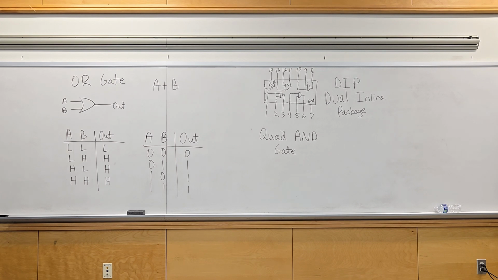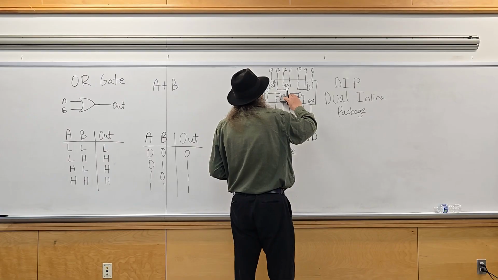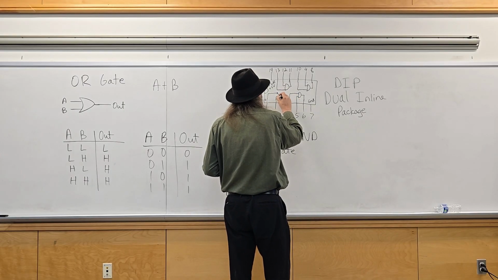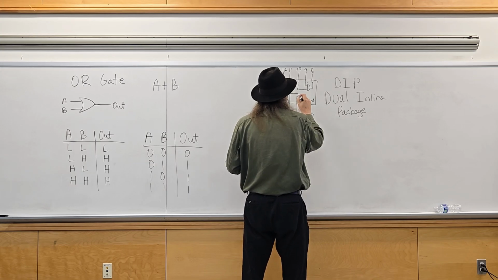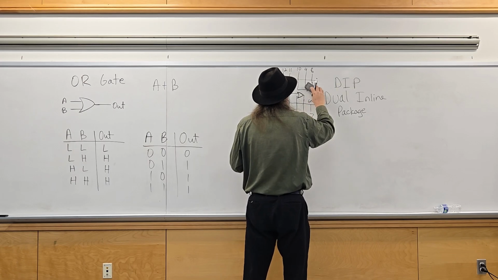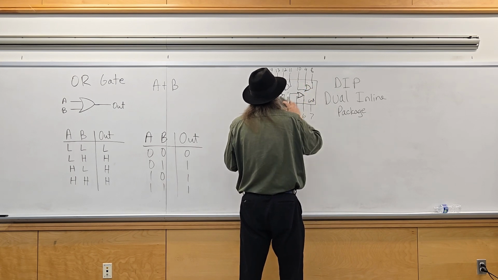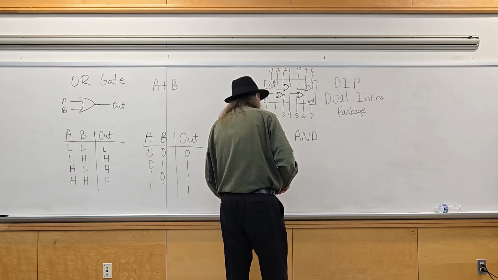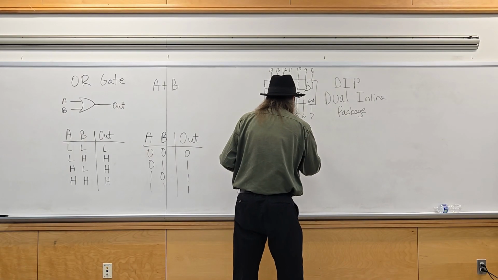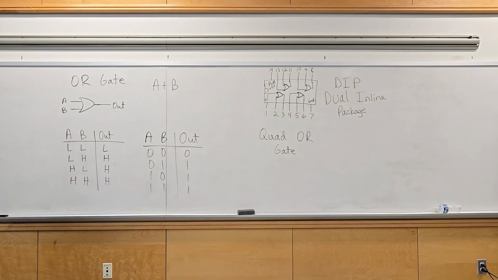And the pinout for the quad OR gate is similar to the AND gate, with the same inputs and outputs, just a different gate in the middle.